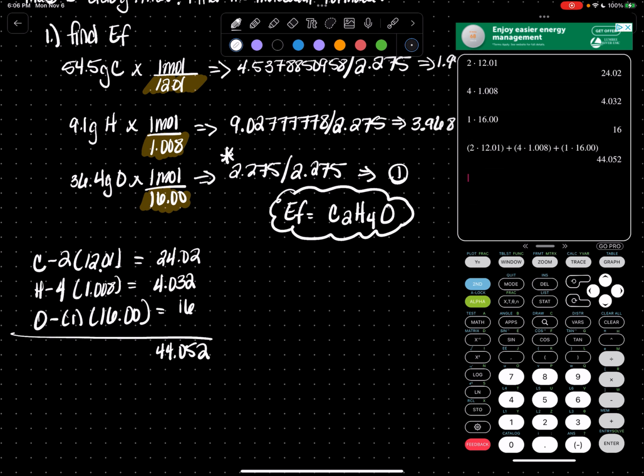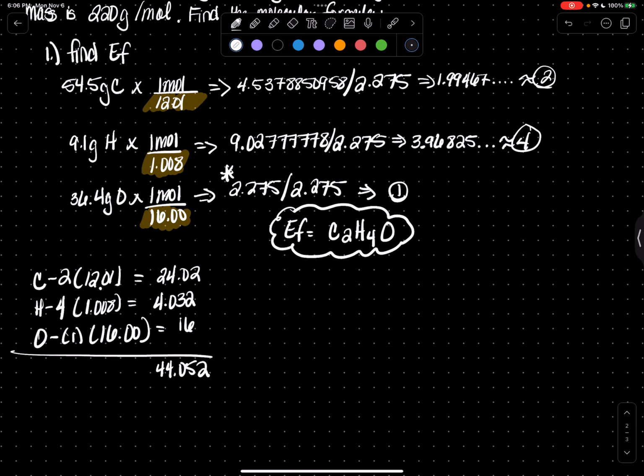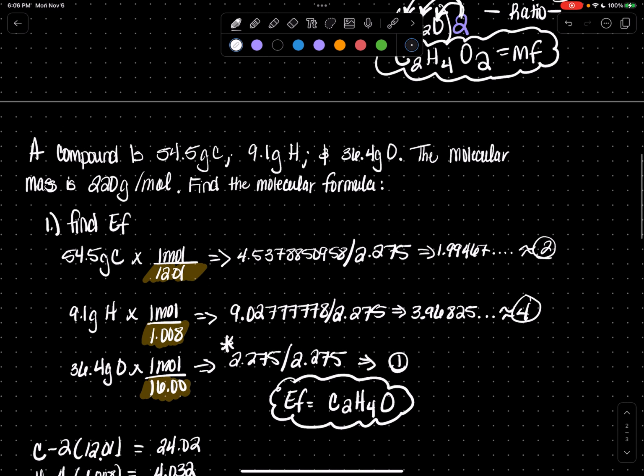And look, I'll prove it to you. 24.02 plus 4.032 plus 16. See? Easy breezy, beautiful. Don't stress yourself out about needing to have a scientific calculator. My calculators will do the stepwise things just fine.